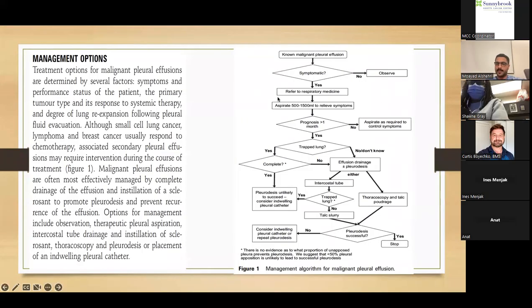I would highlight just that for us to know if the patient has actually derived any symptom relief or not, and how much, it should be a large volume as tolerated. So as you can see here, you try to aim for as much as tolerated. So 500 to a liter plus is a volume that you can say, oh, I did a large volume, so I should rely on that in terms of future planning.